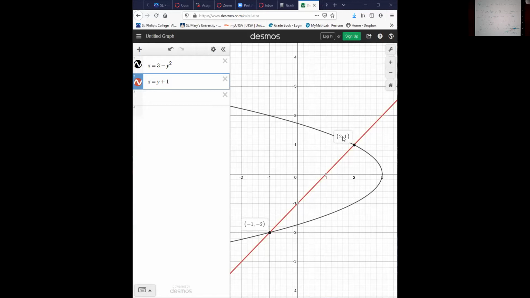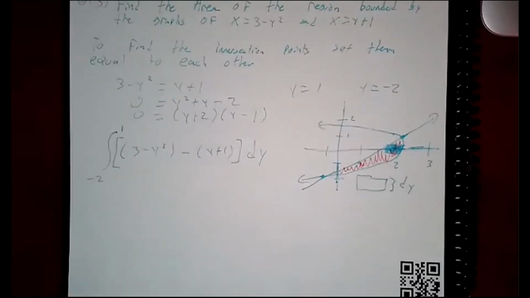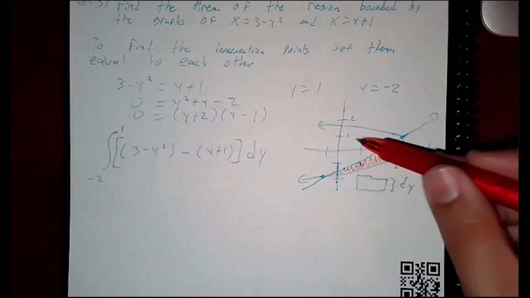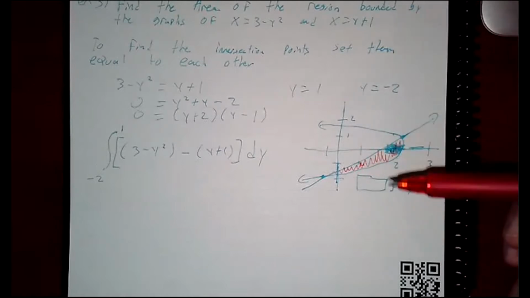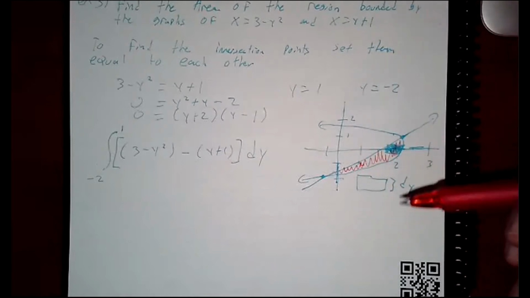I have a quick question. Yeah. The area above that linear line, we wouldn't add that area to it as well? You're talking about up here? Yeah. No, because they're only asking for the area that's bounded by the graphs.